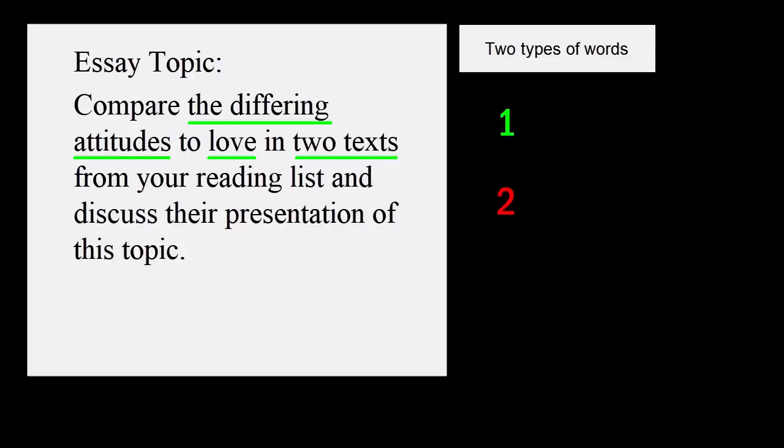Next, and just as important, are compare, discuss, and presentation. Here, it is vital that you take note of all these words because, again, you need to perform all these activities in order to achieve academic success. The most important of all these words in this particular example is presentation.